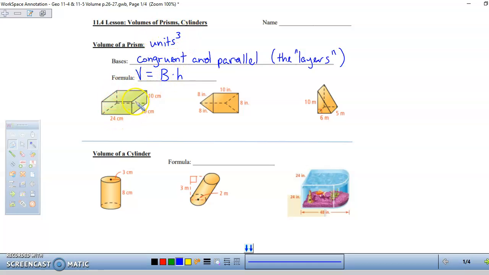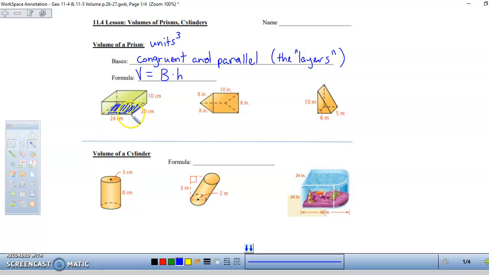Looking at our first rectangular prism, it actually doesn't matter which face you choose as a base, because any pair of faces are going to be congruent and parallel. So I'm just going to pick the one that it's sitting on. This guy at the bottom, I'm going to choose as the base.